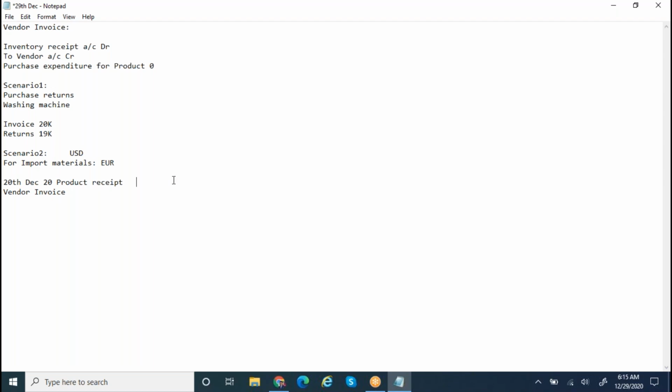At that time, €1 equals 1.20 US dollars. Now the invoice is happening on 29th December 2020. Here €1 equals 1.25.